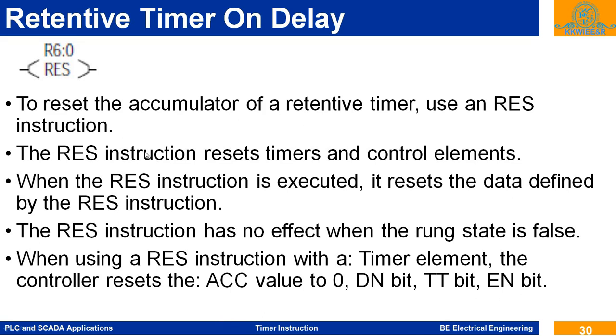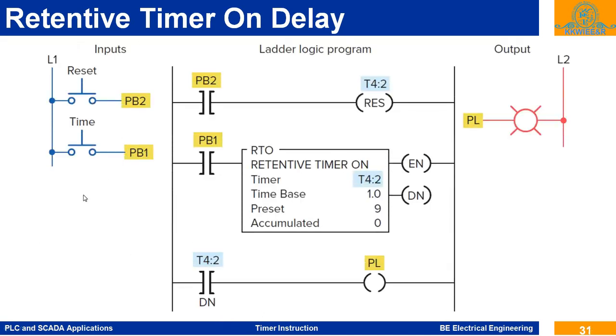Okay. So for this retentive type timer, we need a separate reset instruction. Here there is a momentary push button to operate the reset instruction, or to make the reset instruction true, and this is the push button, or the input, for the retentive type timer.